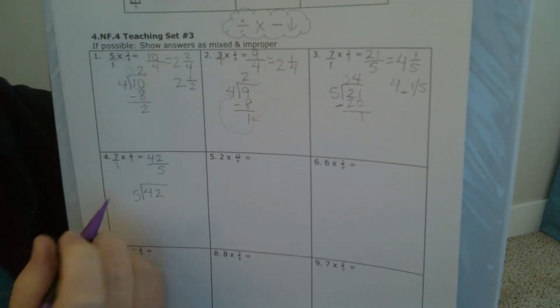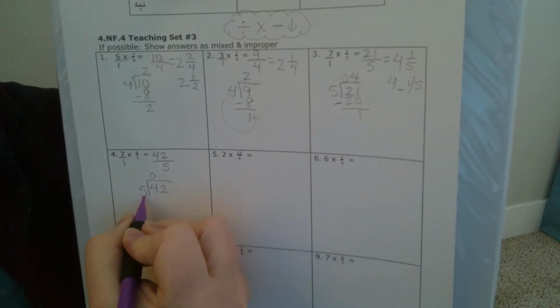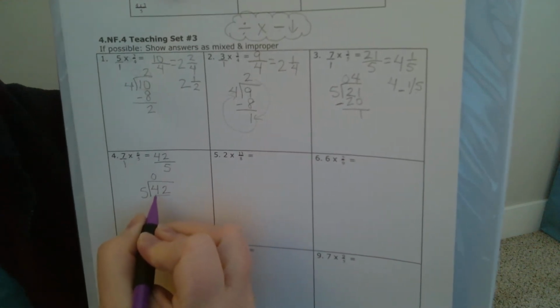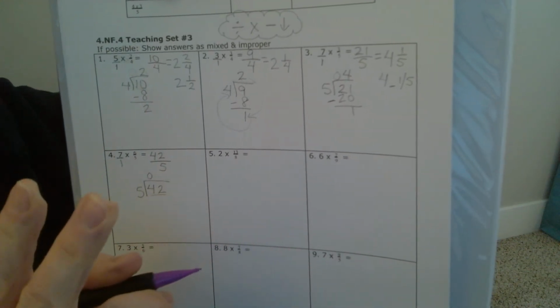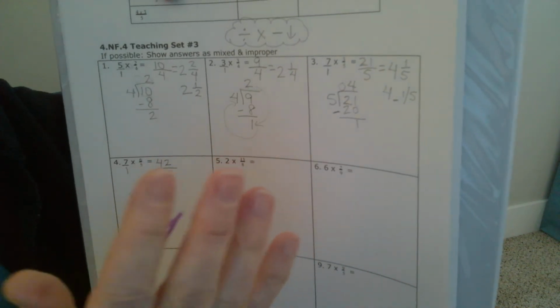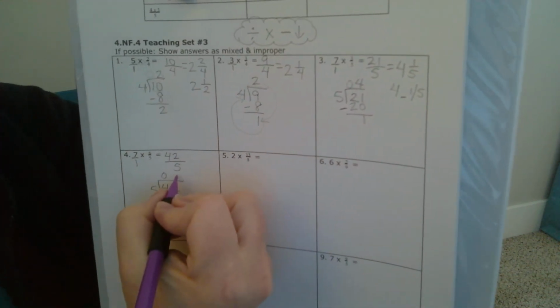So how many times does 5 go into 4? 0. And then, so put it together with the next digit. How many times does 5 go into 42? 5, 10, 15, 20, 25, 30, 35, 40. So 8 times.